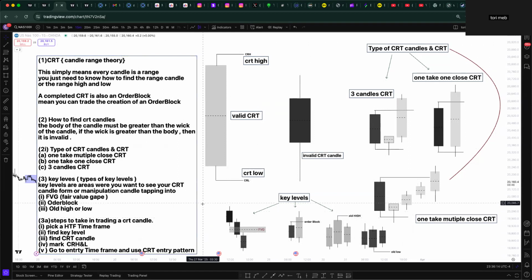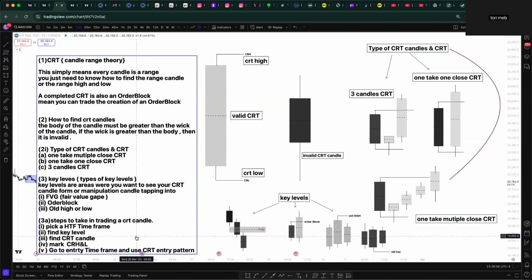Then you go to the lower time frame where you can now take the entry from whatever part of the CRT was first manipulated, either the high or the low. If you're bearish, it's the high; if you're bullish, it's the low that gets manipulated first. Then you take your entry and boom, you win a trade or you lose a trade, because one thing you need to know is that no matter how well you think your pattern or strategy works, you're not the one controlling the market, so sometimes you take losses.